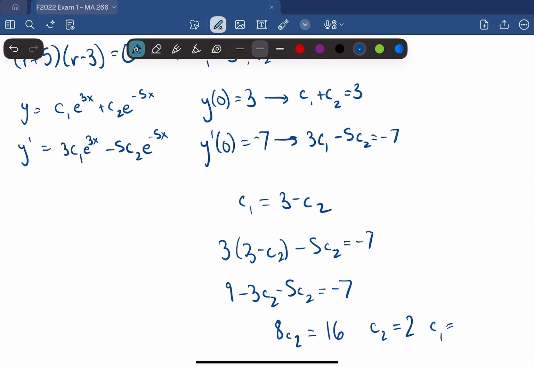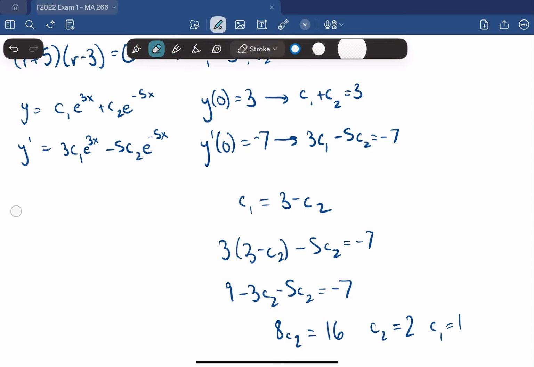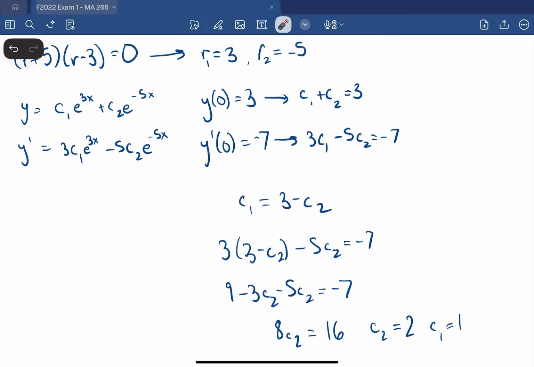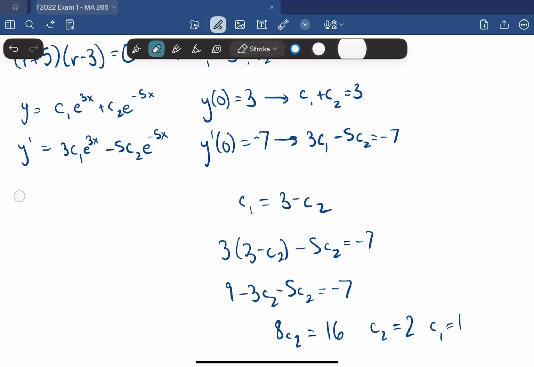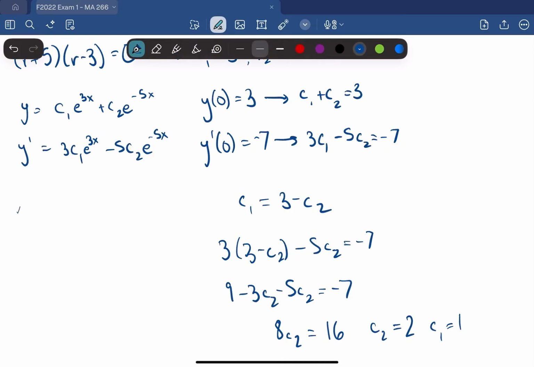Now we have our constants c1 and c2, and we go back to our general solution and plug them in. Our final particular solution will now be y equals e to the 3x plus 2 e to the negative 5x.